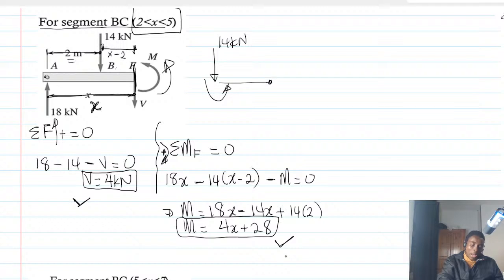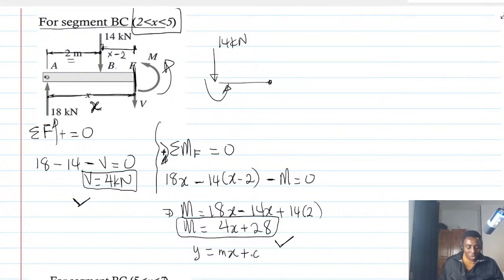Now I want you to think about this not as moment, but think about it as a straight line. What is the equation of a straight line? So the equation of a straight line is y equals mx plus c.